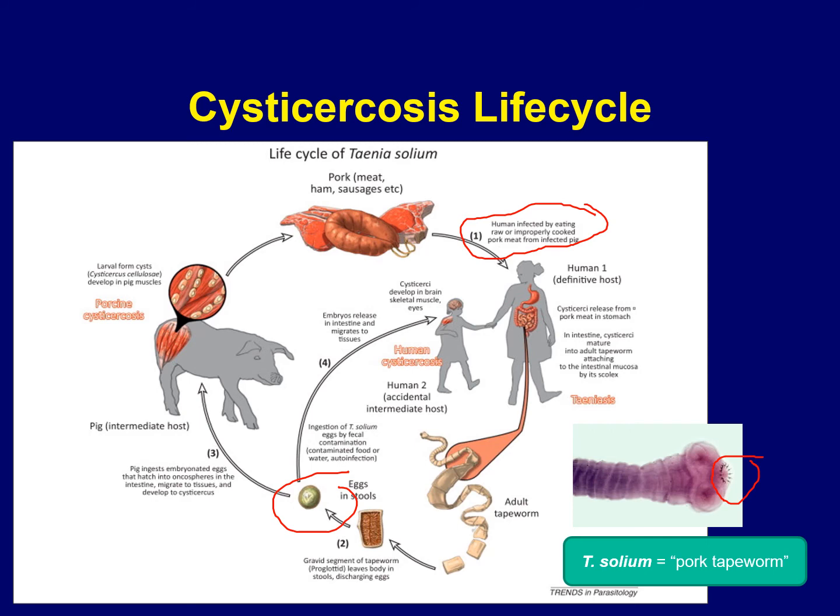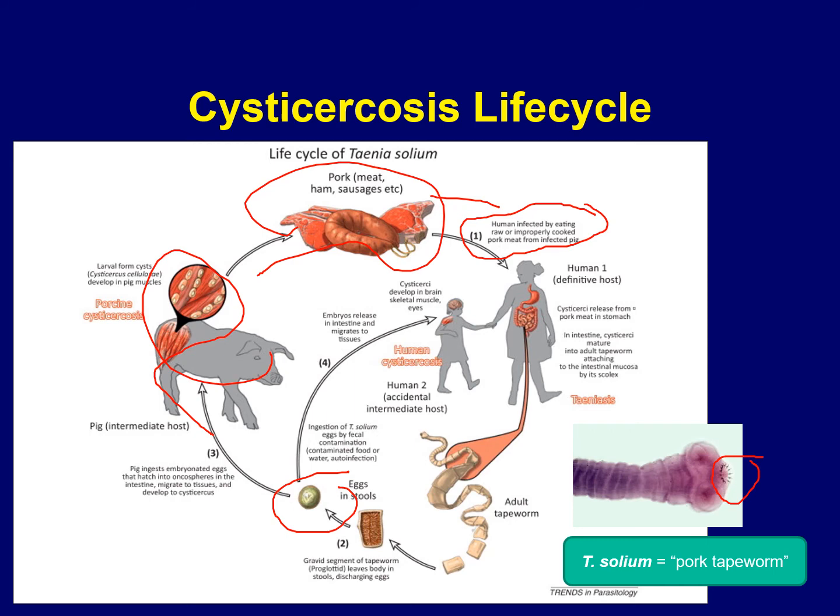And so after consuming these eggs, they hatch in the intestine. They migrate to tissues, and they develop these cysticerci in the pig muscles, and then the pig is slaughtered for consumption. And these encysted larvae are in the pig's muscles, and then they're consumed. And if undercooked, this whole process continues.